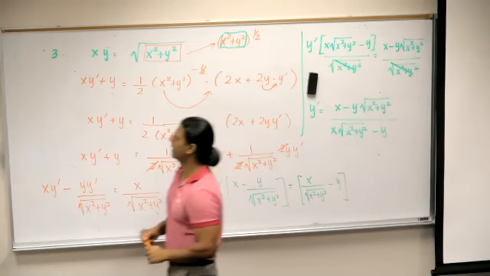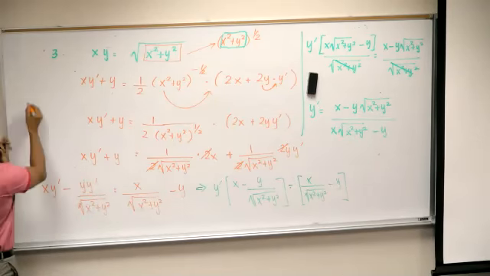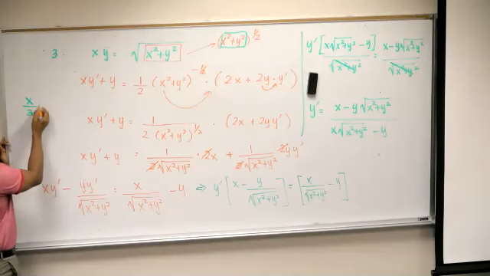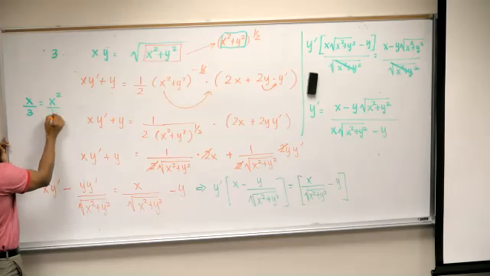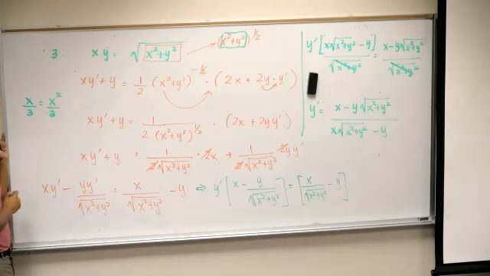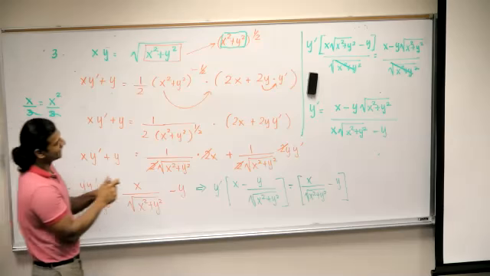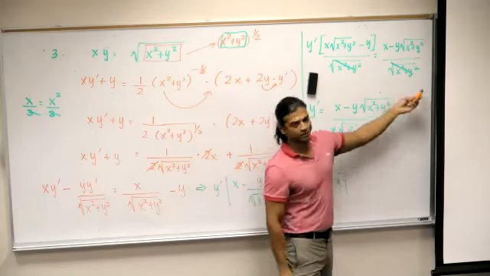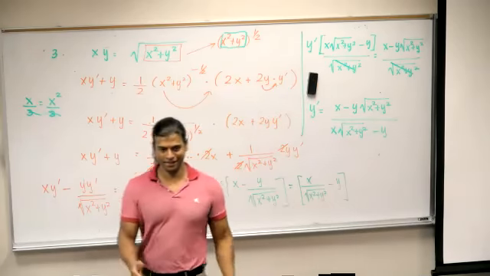So if you had x over 3 on one side and x squared over 3 on the other side, what do you do? They're both the same, right? Multiplying by 3 on both sides, same logic, I'm multiplying by the common denominator and getting rid of it.